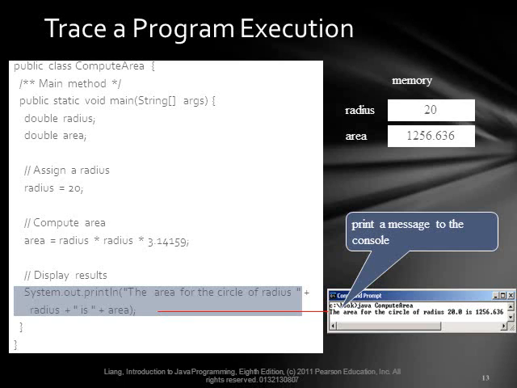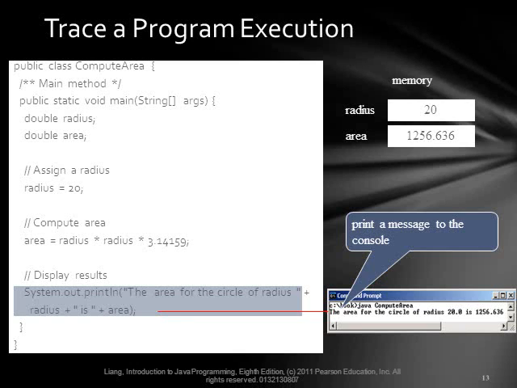If we look at the command prompt on the right hand side, the output, you can see that the computer started printing "the area for a circle of radius 20." So it retrieved the value of radius and inserted it into our string that we're going to print.